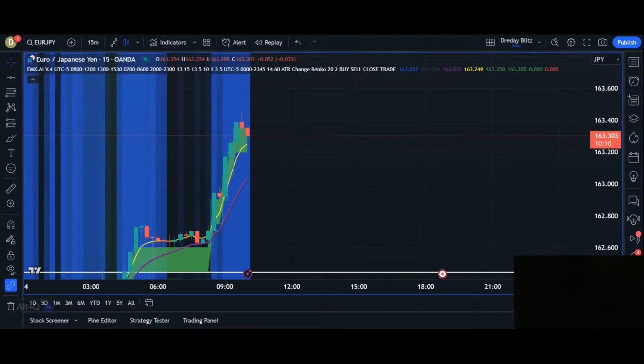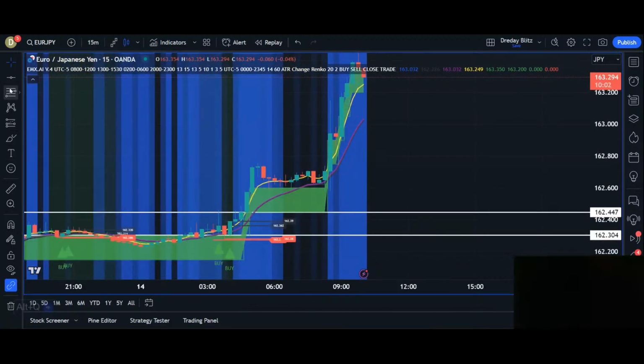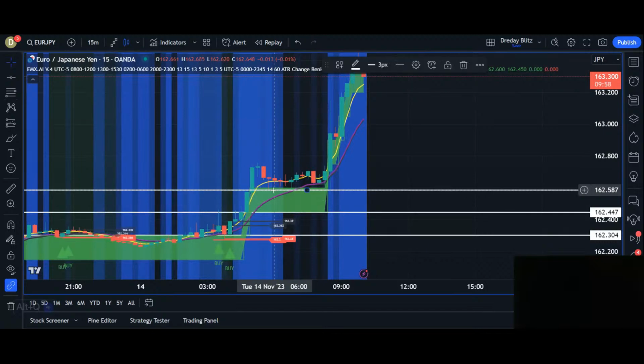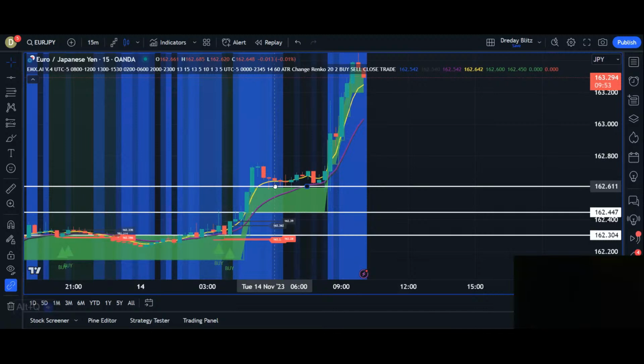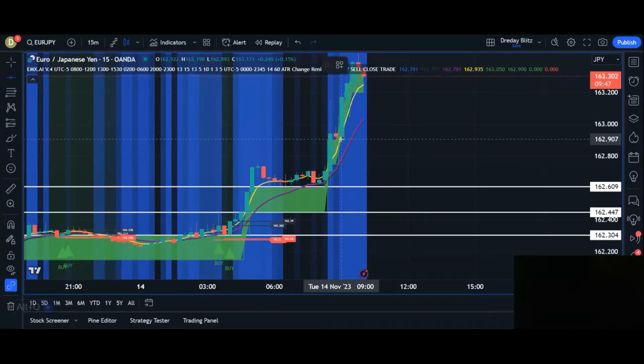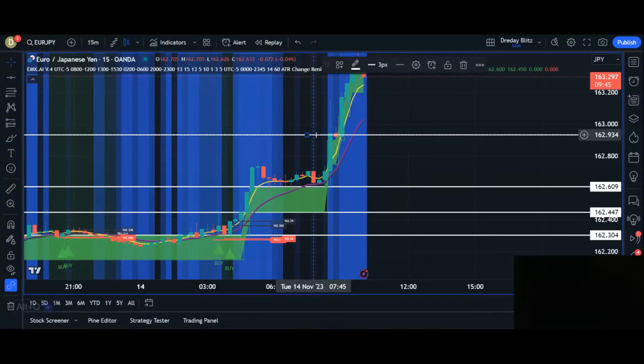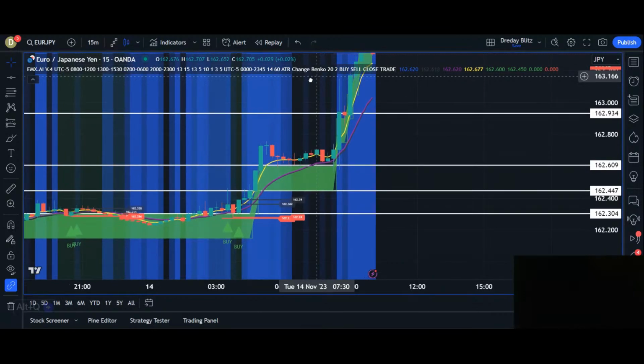Does that make sense for you? And in the meantime, you have to plot the zones that you're seeing for the Renko bar. Why? Because in the future, it will go back to those zones. Okay, so this is a zone. And Renko bars are not based off of time; it's based off of volume.